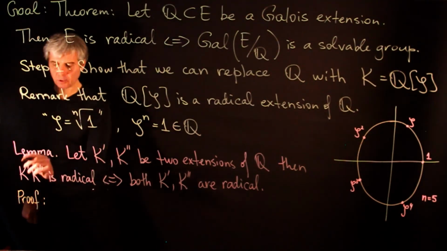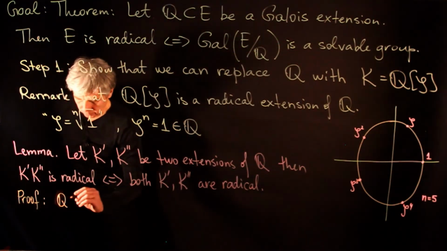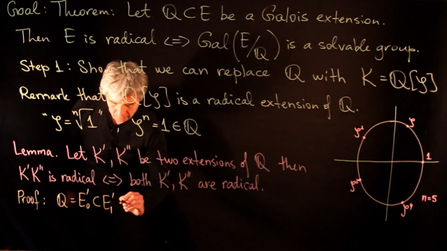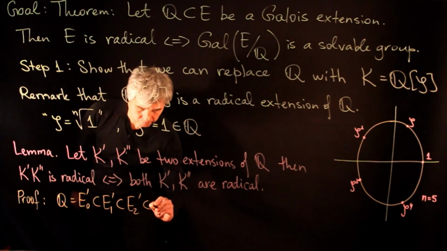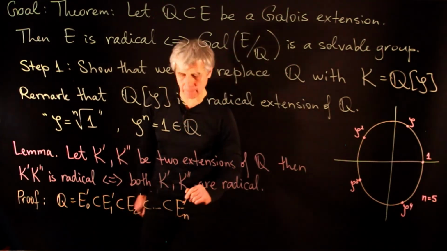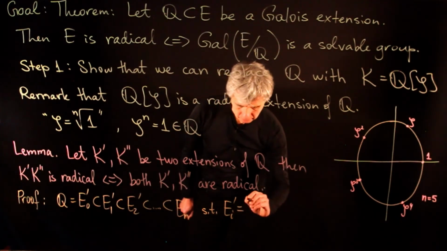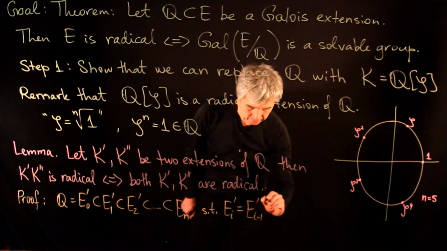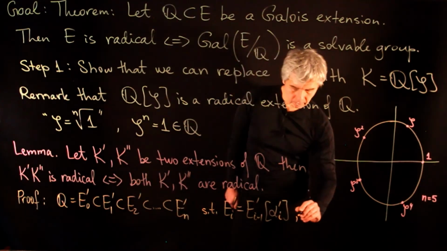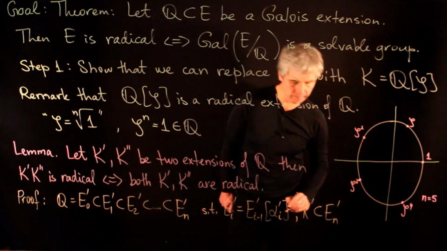So we construct the chains of field extensions for K prime and for K double prime. So we have Q, which is E0, which sits in E1 prime, in E2 prime, and in En prime, such that Ei prime is Ei minus 1 prime with an element alpha i prime adjoined, and the field K prime being a subfield in the last field En prime.